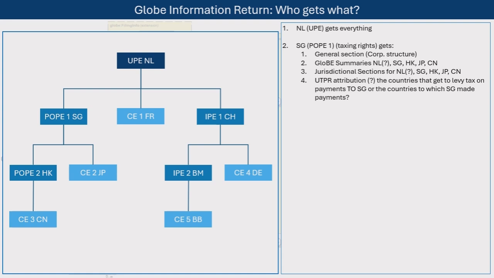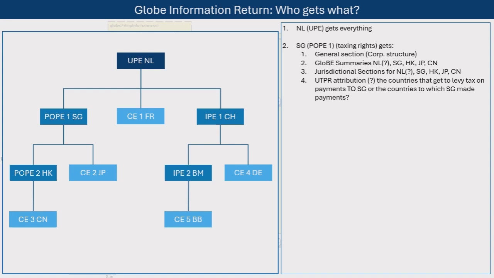As a courtesy, it might be interesting, but it doesn't involve Singapore as a tax levying entity at all. I mean, all the other countries where UTPR is levied because they made payments to Singapore have a right to see what the Singapore income and taxes were so they know how much to levy.